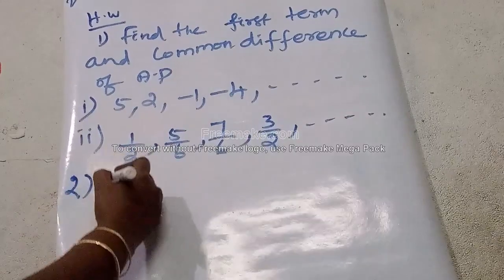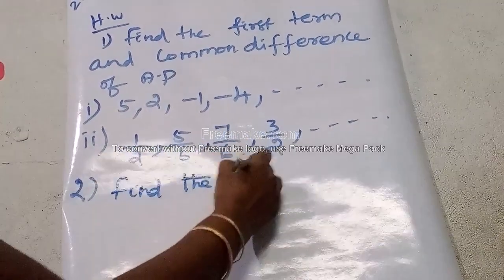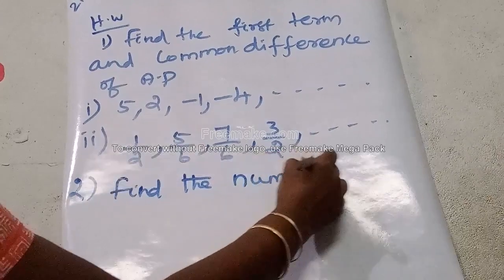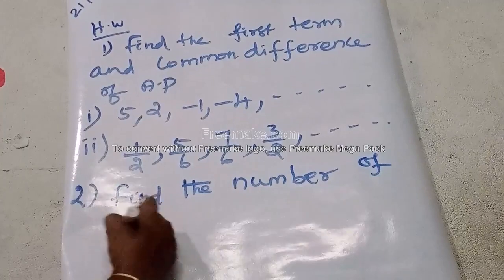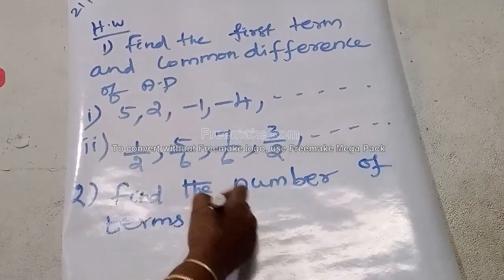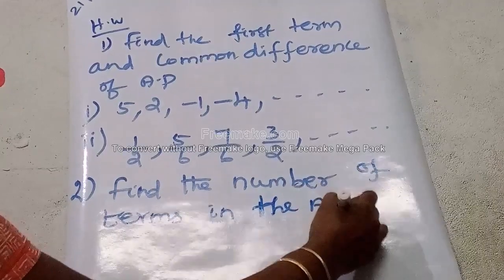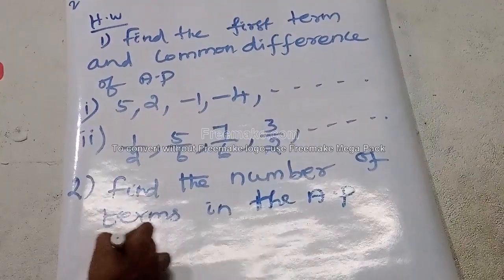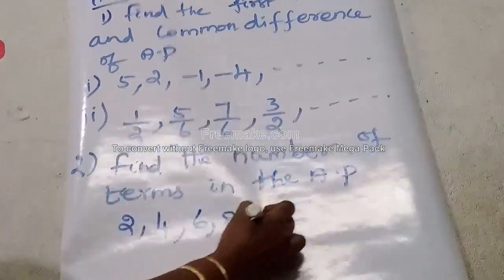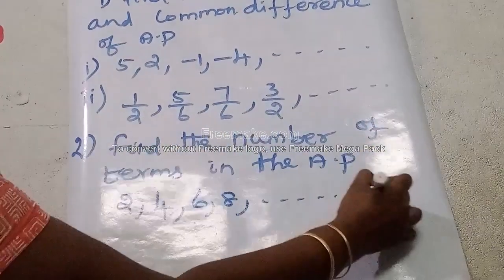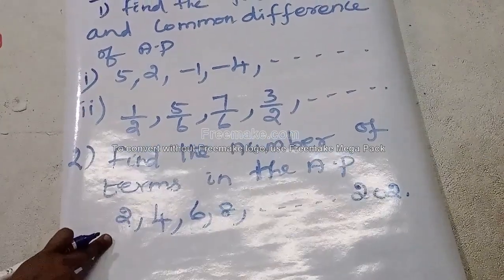Okay, question number 2. Find the number of terms in the AP 2, 4, 6, 8, etc. Last term 202.